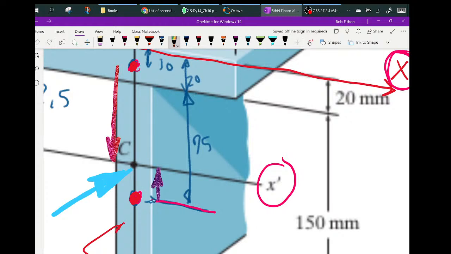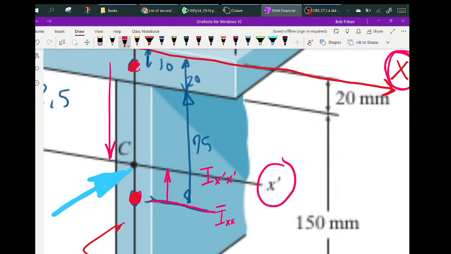I need to move the IXX. This looks weird. I need to move this distance to move the IXX bar to the IX bar, tilde X to it.